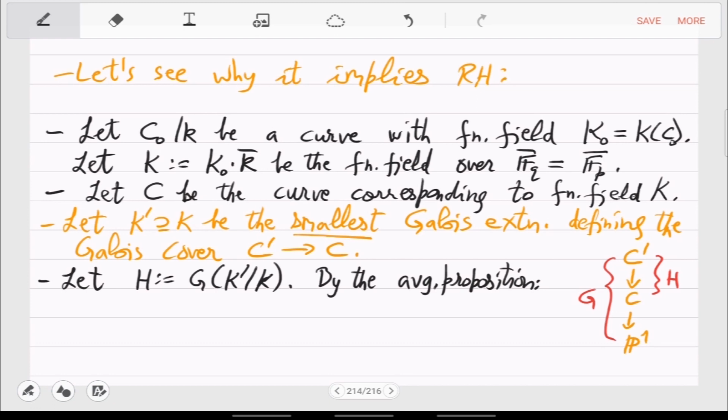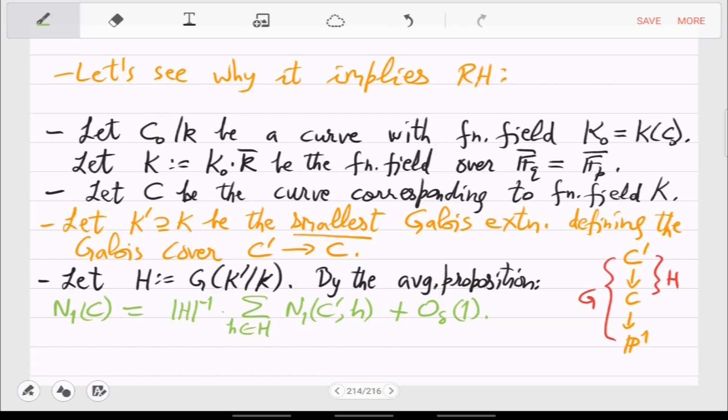So what you will get is N1C is the average over this Galois group H, and some error which depends only on the degree of the definition of this curve C, which I call delta. So we have connected N1C with N1C prime, going over all H.